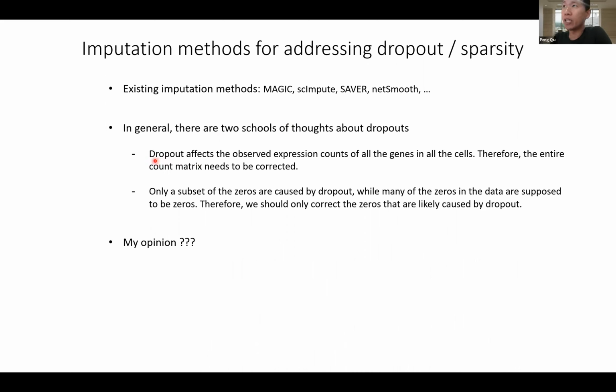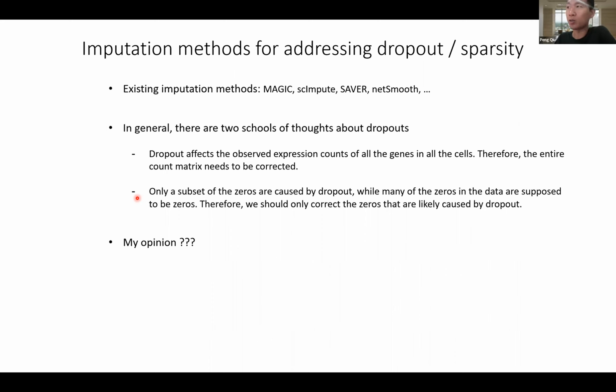In the MAGIC algorithm, the idea is that dropout is something that affects all the values we see, the zeros and non-zeros. Therefore, the algorithm tries to impute the entire data matrix. So the zeros are imputed into non-zero values, and the non-zero values are also elevated to be larger values. In SC-impute, the basic idea is that when we look at all those zeros, only a subset of them are caused by technical issues, while many of those zeros are probably supposed to be zeros.